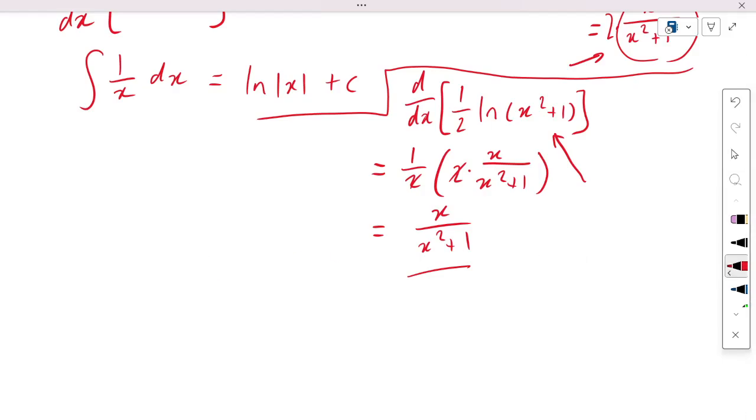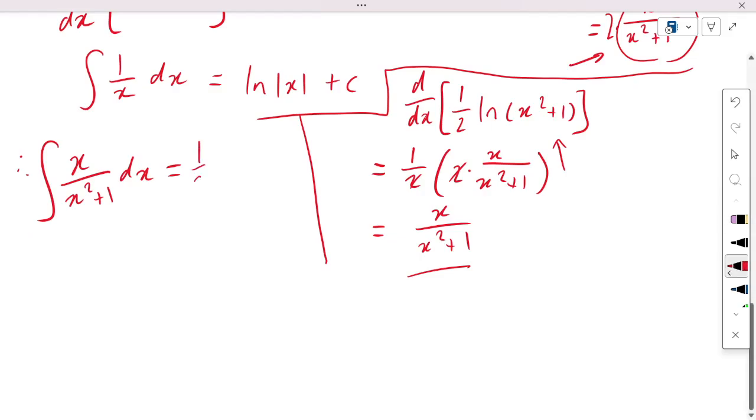So let me just write that down for you if you didn't get that. We are saying that therefore the integral of x over x squared plus 1 with respect to x is just going to be equal to whatever the derivative of that was. Remember, because this is the antiderivative.